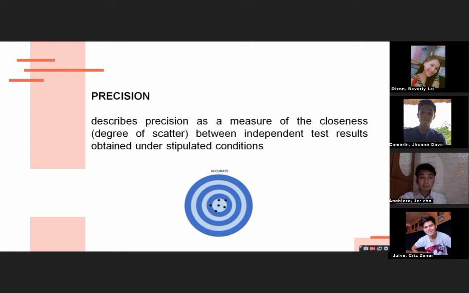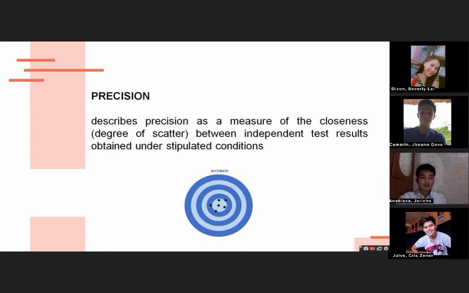So it gives you a hint that this is precision, because precision refers to how consistent the results are regardless of how close to the true value they are.